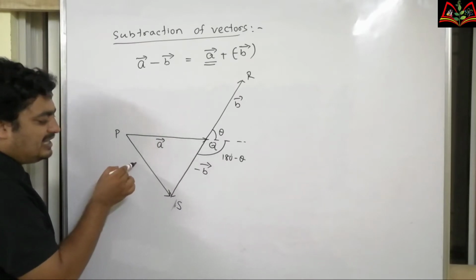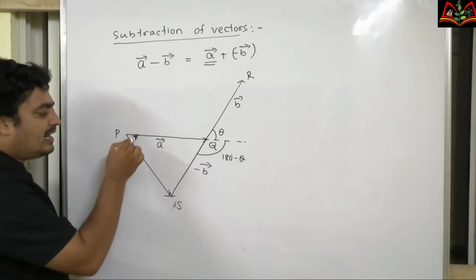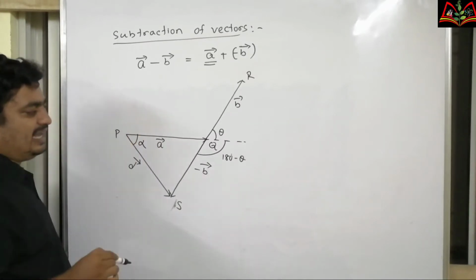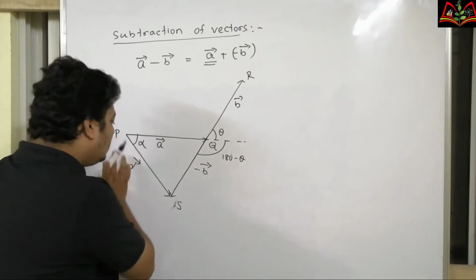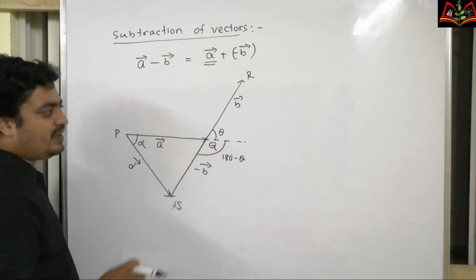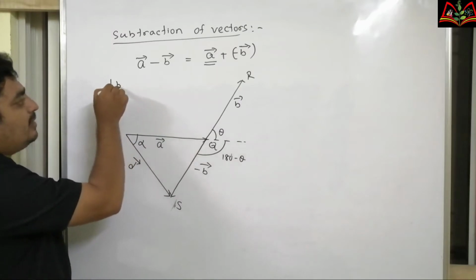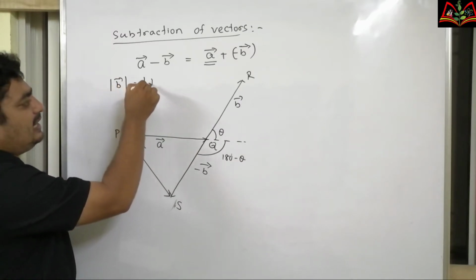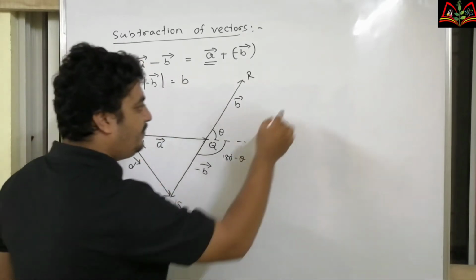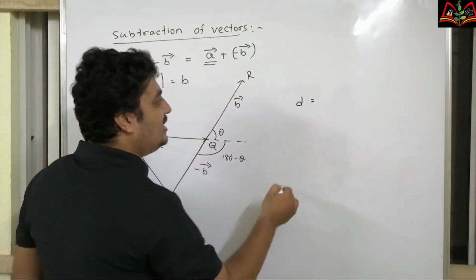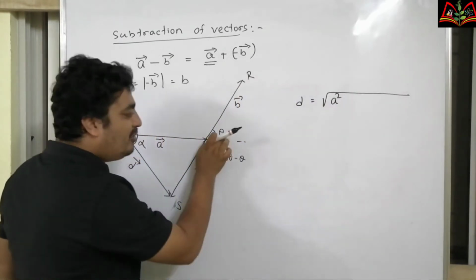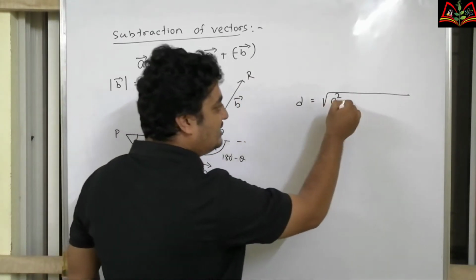We can write it as the difference D. Now if the difference makes an angle alpha with A, then D is the resultant of A and minus B. And we all know that the magnitude of B is equal to the magnitude of minus B, that is equal to B. So the magnitude of the difference will be, instead of theta, we have to put 180 minus theta.